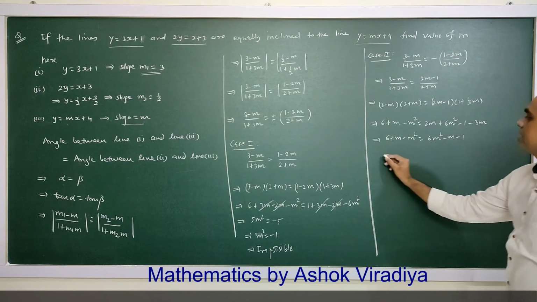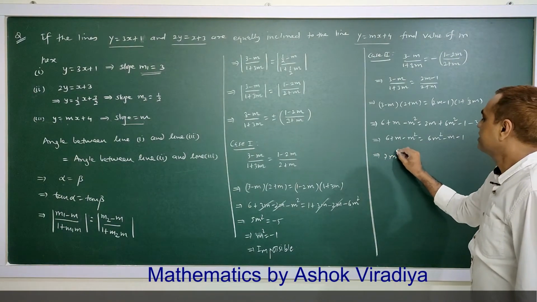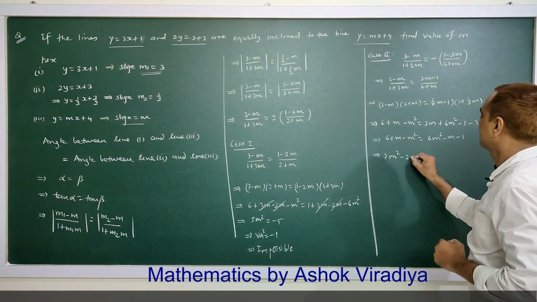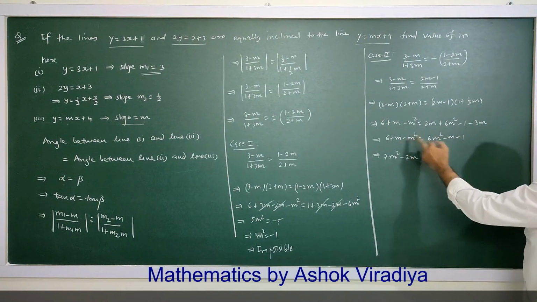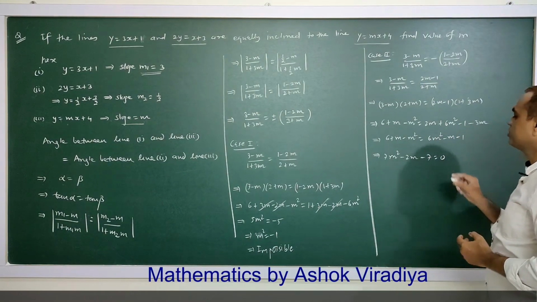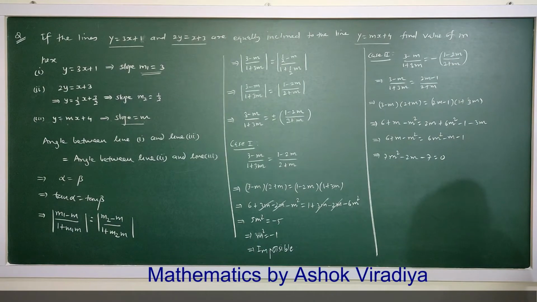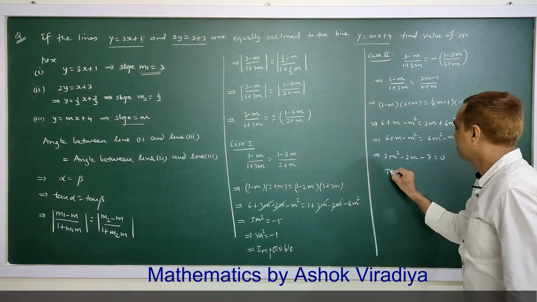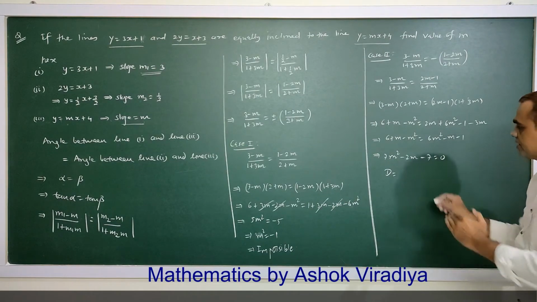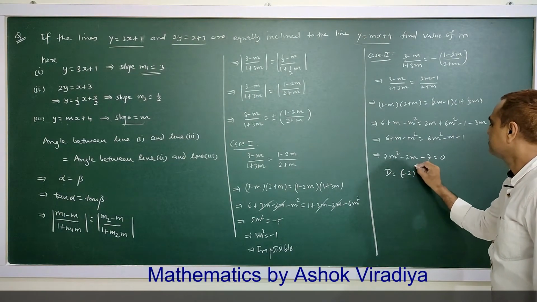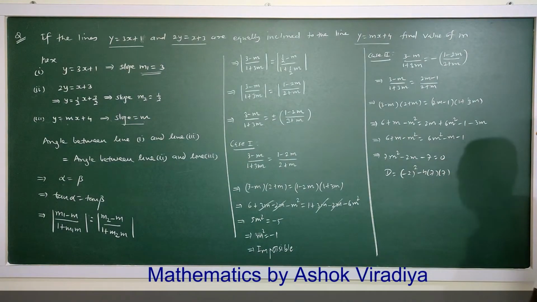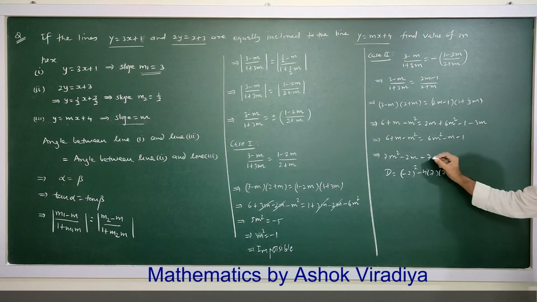Taking this on this side, 7m square minus 2m minus 7 equals 0. Now discriminant. Here factorization is not possible. So discriminant is b square minus 4ac, where c is minus 7.